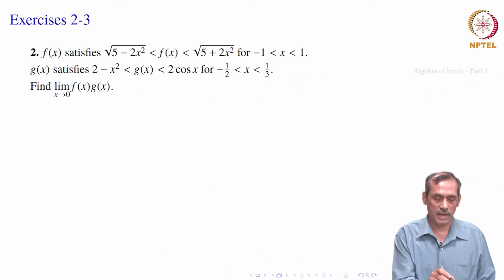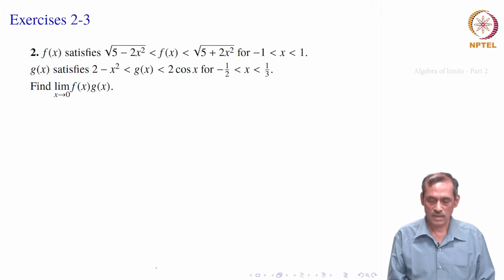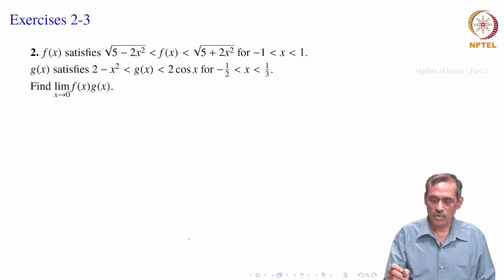It is given that f of x satisfies square root of 5 minus 2x square less than f x less than square root of 5 plus 2x square, for x in the open interval minus 1 to 1. There only we have f x defined, let us assume that.